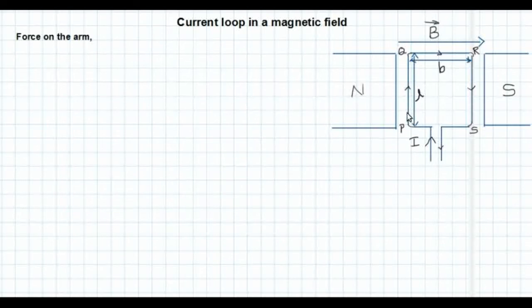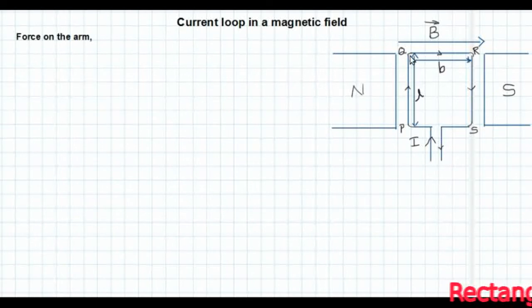Current I is passing through a wire of length L which is placed in a field B. So the force acting on this length will be F is equal to ILB sin theta. So there is a force acting on this arm PQ.